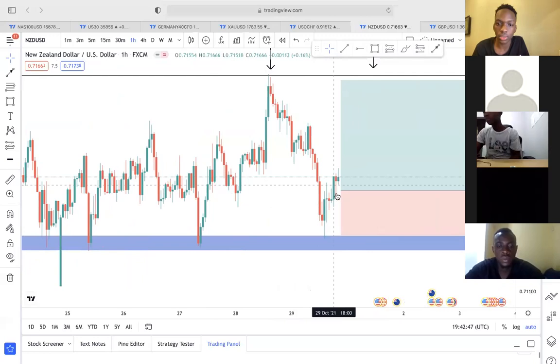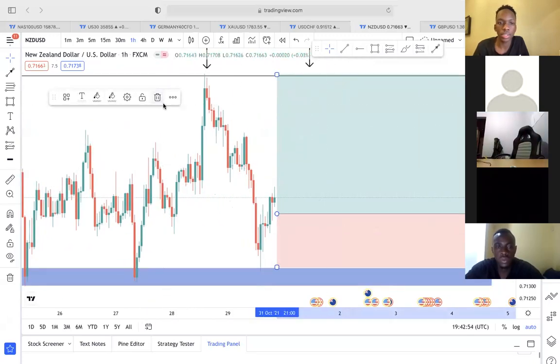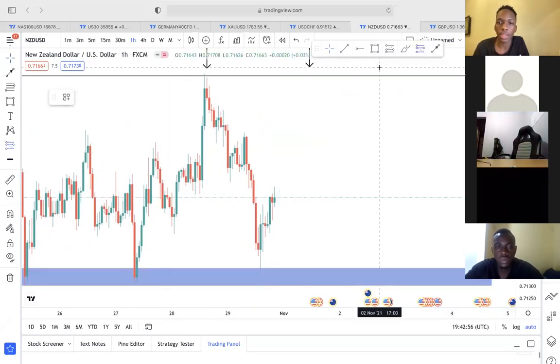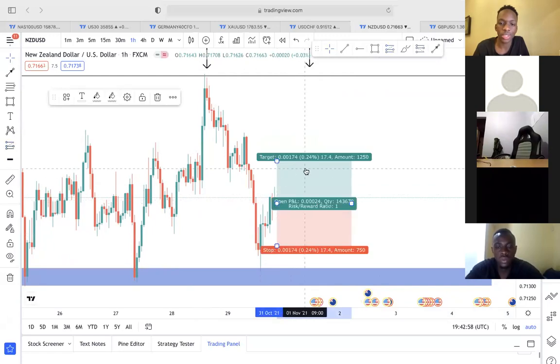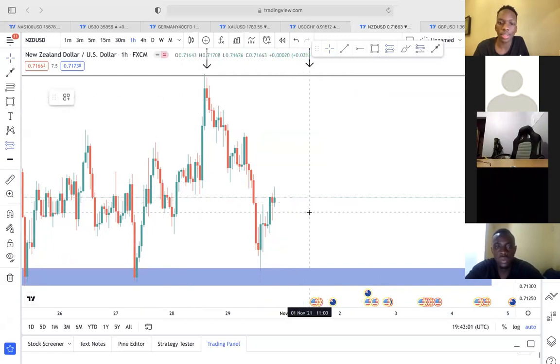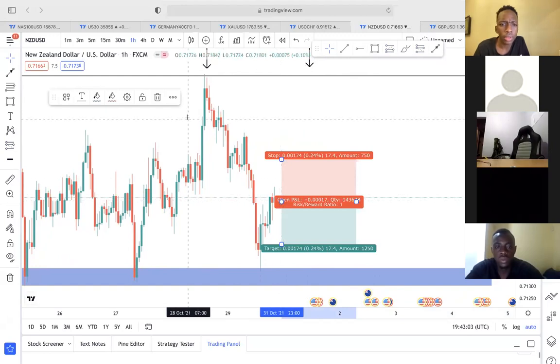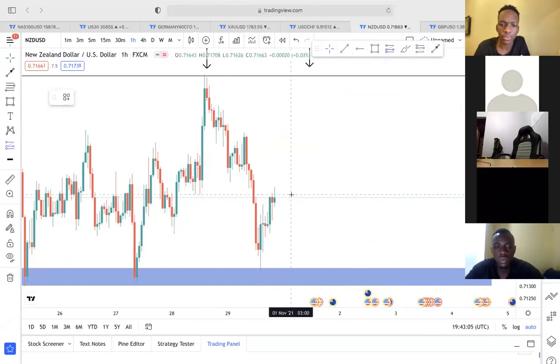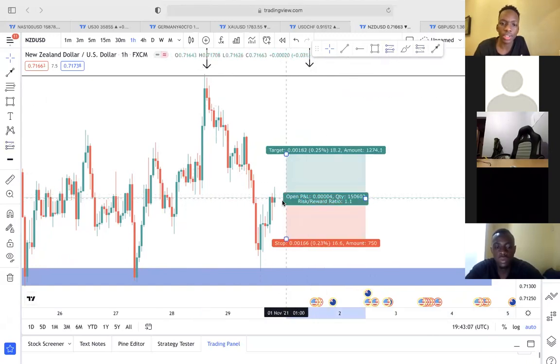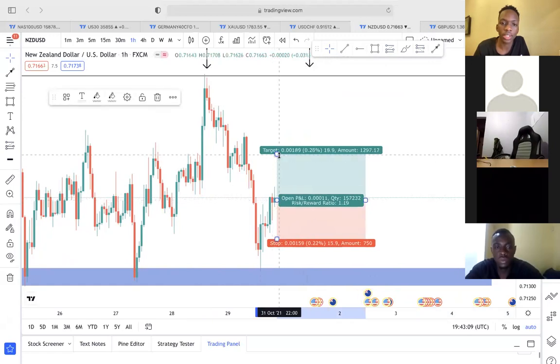Yeah, this was a retest, took out. I'm expecting a continuation to the upside. Okay, I'm getting it twisted. Oh, it's the first one. I'm expecting a continuation to the upside. There we go.